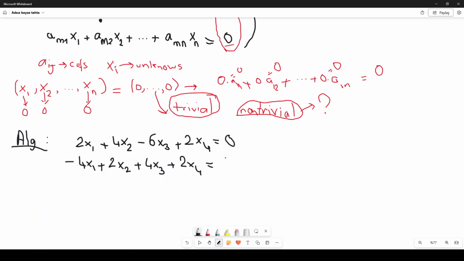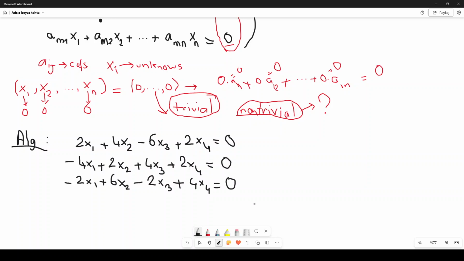This is the second equation, and let's give one more equation, say minus 2x1 plus 6x2 minus 2x3 plus 4x4, okay, is equal to 0.